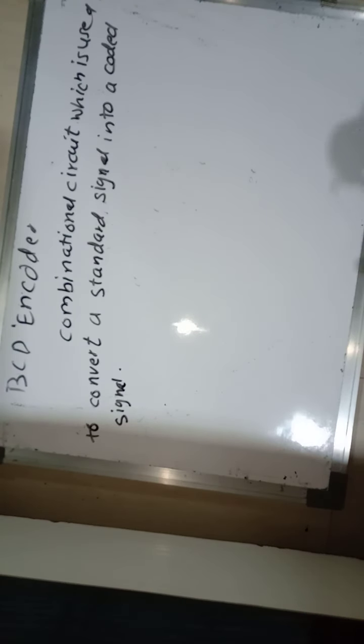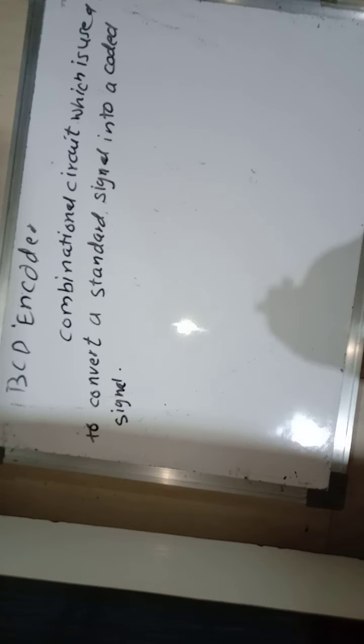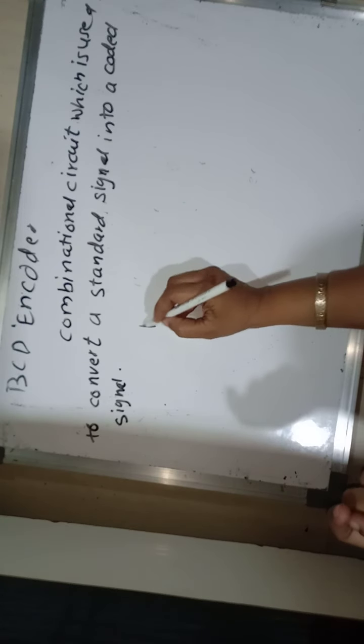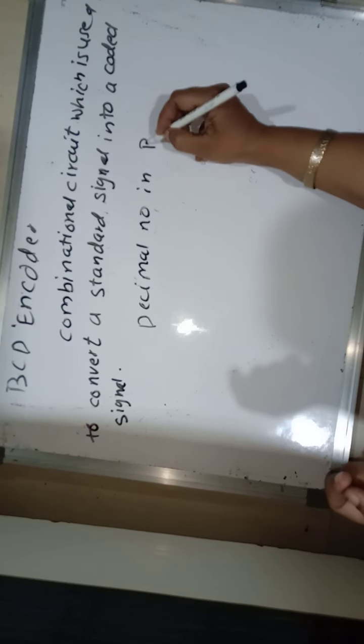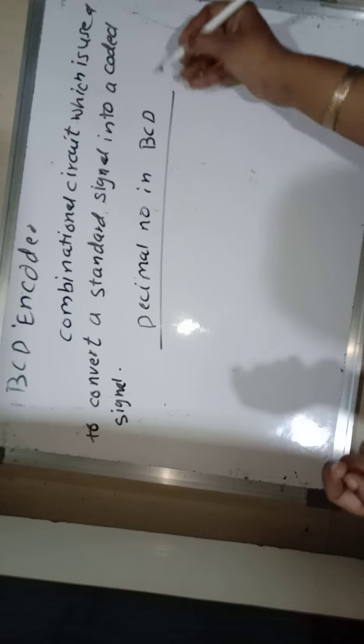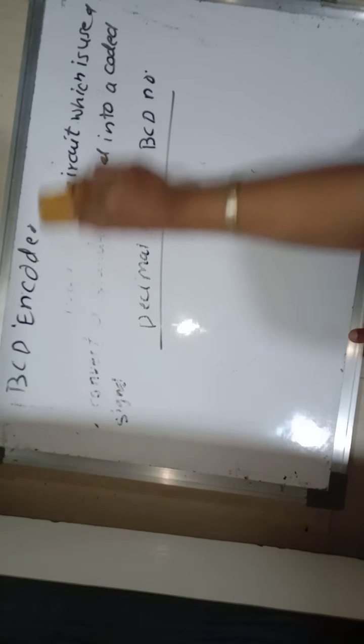This BCD encoder converts a decimal number into a BCD number. So what is the use of the BCD encoder? The BCD encoder always converts the decimal number into its binary coded decimal. How does the BCD encoder work?